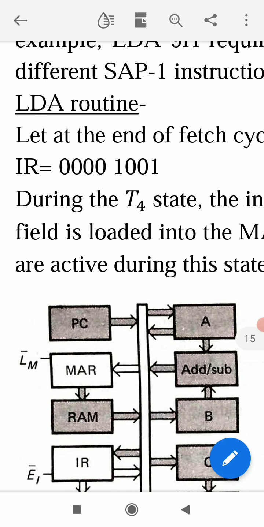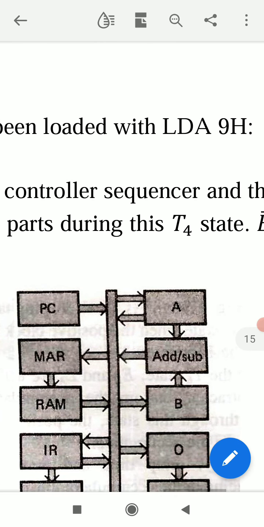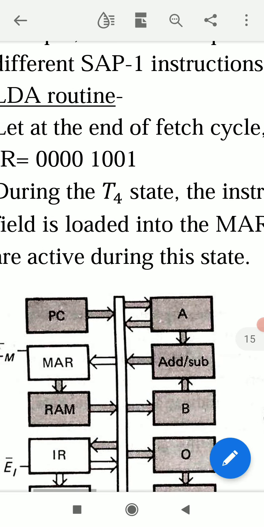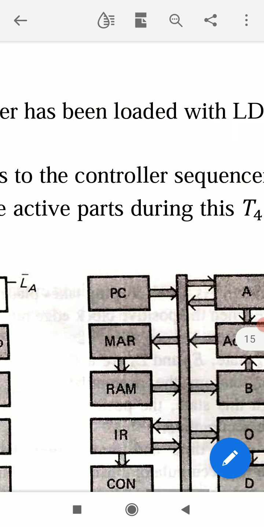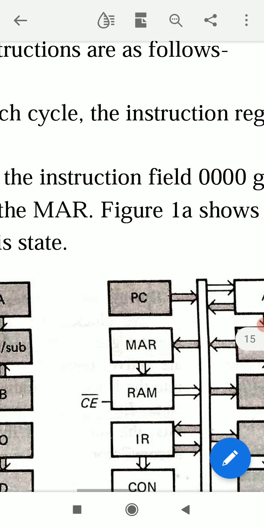The left side 4 bits are operation code for LDA, load the accumulator, and the right side 4 bits are for 9. 9H means 9 in hexadecimal number system.